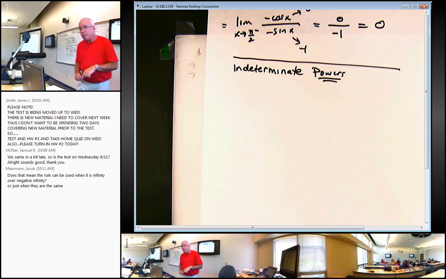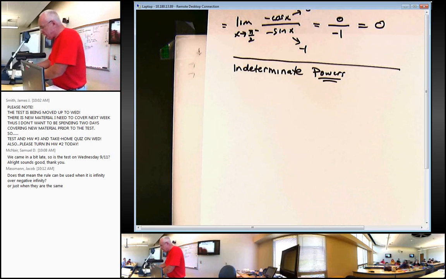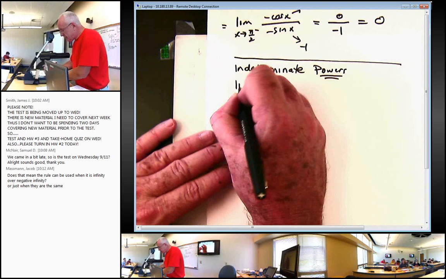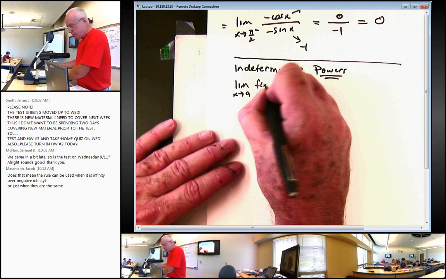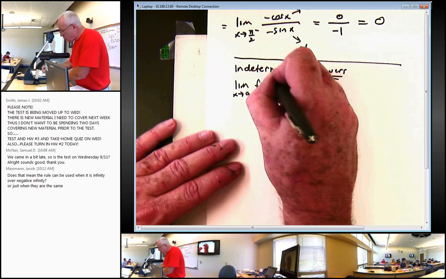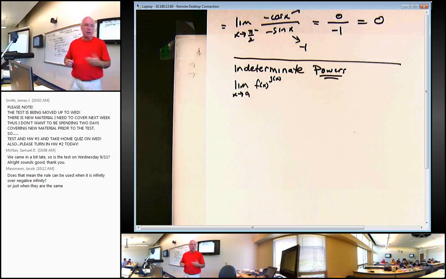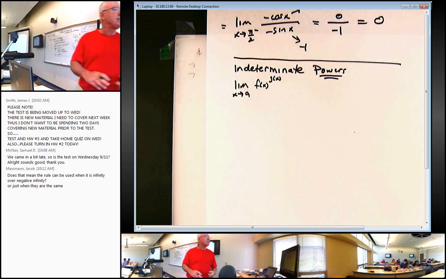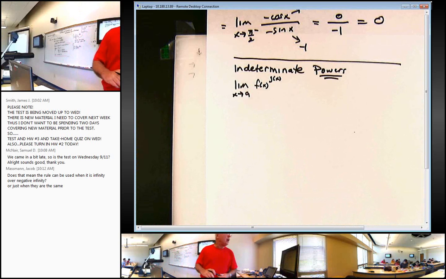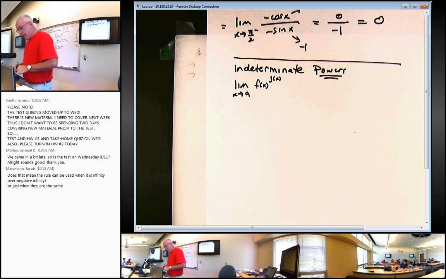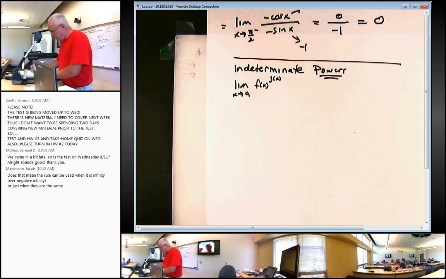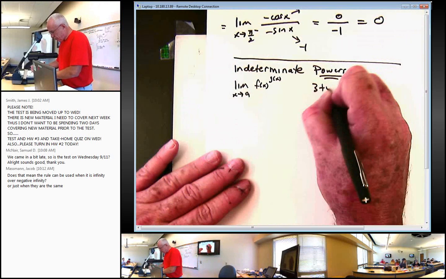All right. So what we're talking about here is the limit, as x approaches a, of some function f of x taken to the power g of x. So our two functions now, one is the exponent of the other. Now, there are three types of indeterminate powers.